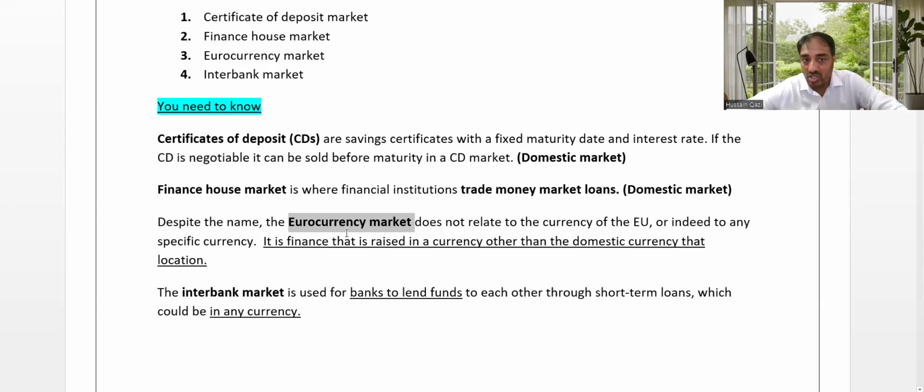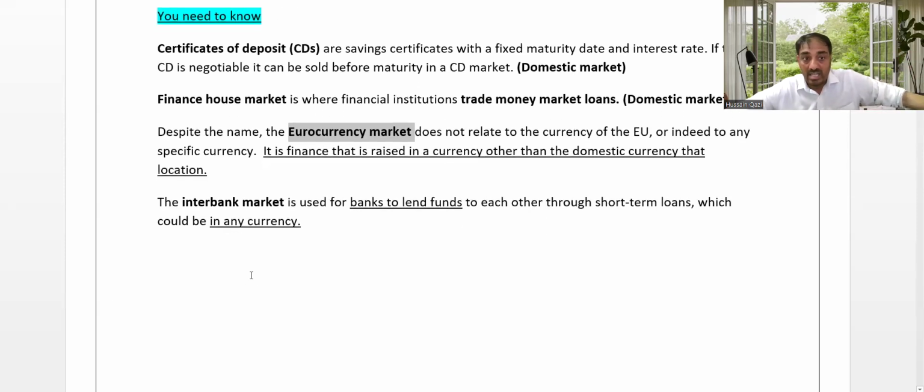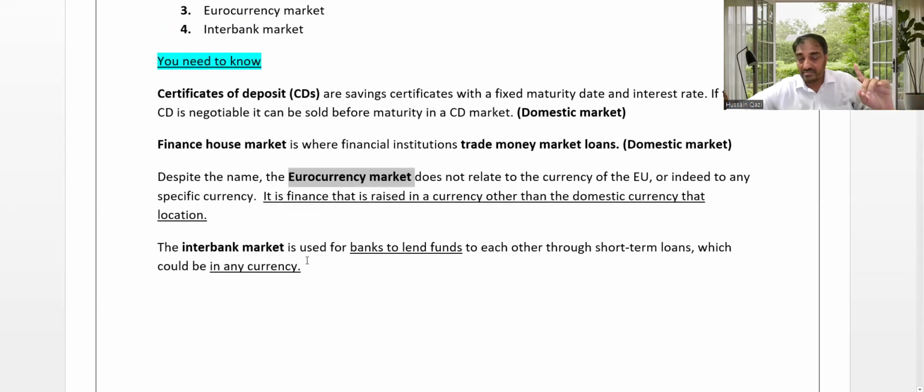Despite the name, euro currency does not relate to the currency of the European Union or indeed any specific currency. It is finance that is raised in a currency other than the domestic currency of that location. The interbank market, that's the banks, is used for banks to lend funds to each other through short-term loans, which could be in any currency.